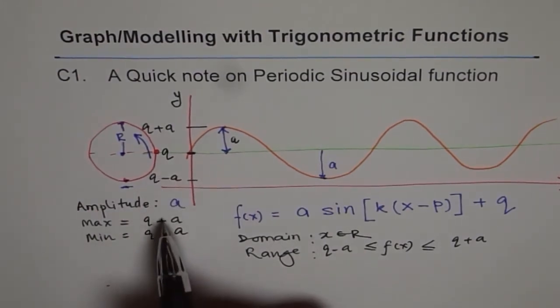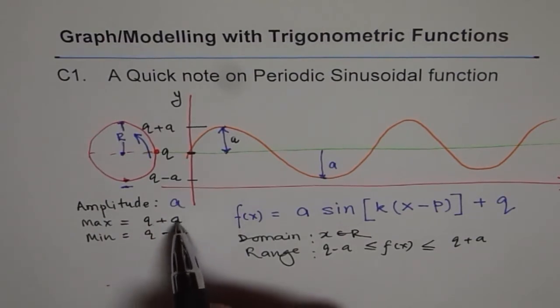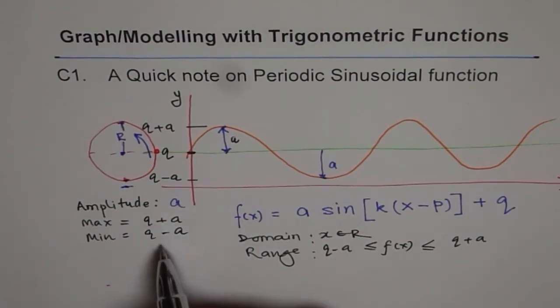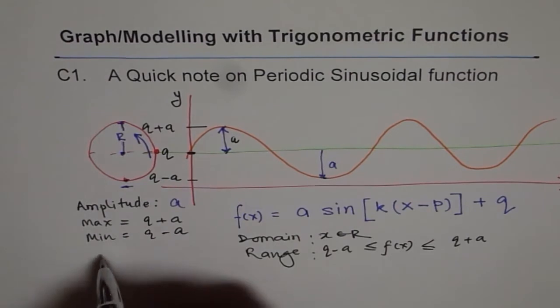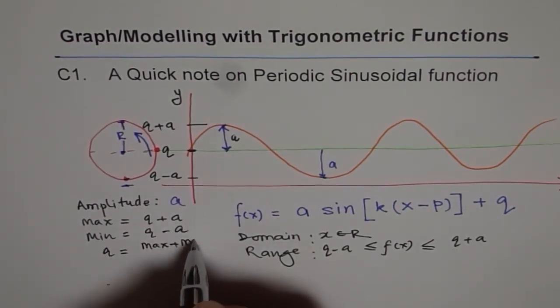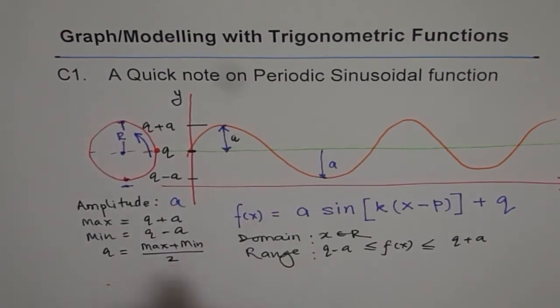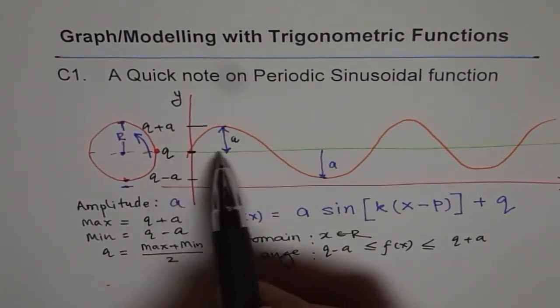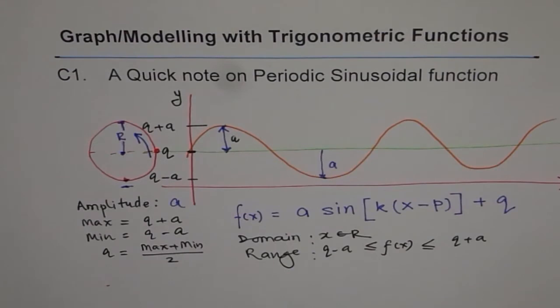If you add them, then A and minus A get cancelled and you divide by 2, you get Q, right? So Q could be written as maximum plus minimum divided by 2. So you can see Q is actually the average value, right in the center, correct? So that is also a way of checking on it, correct?